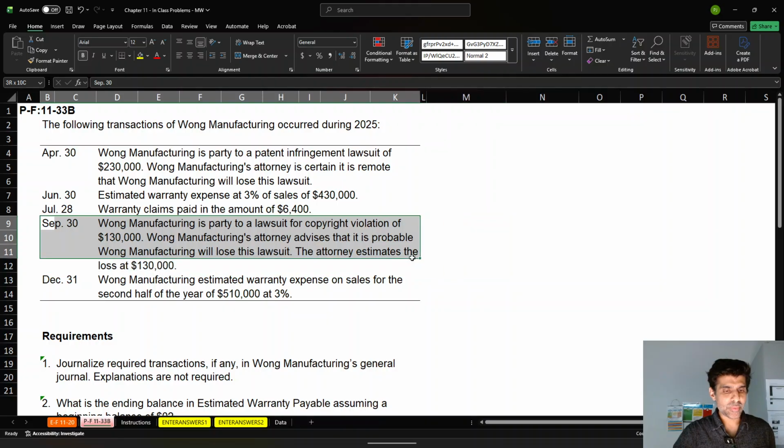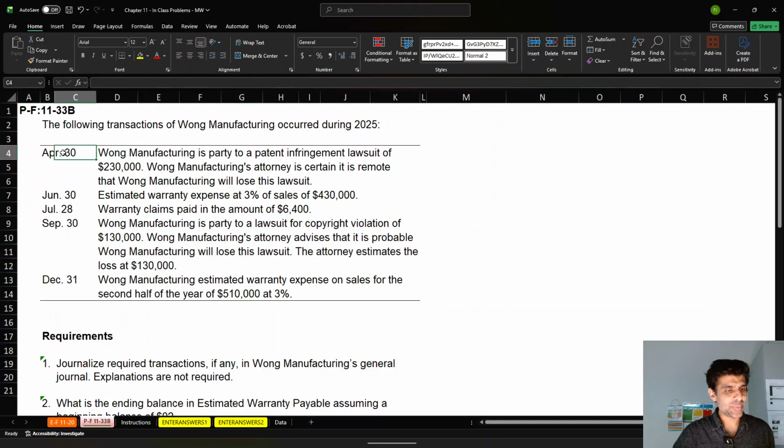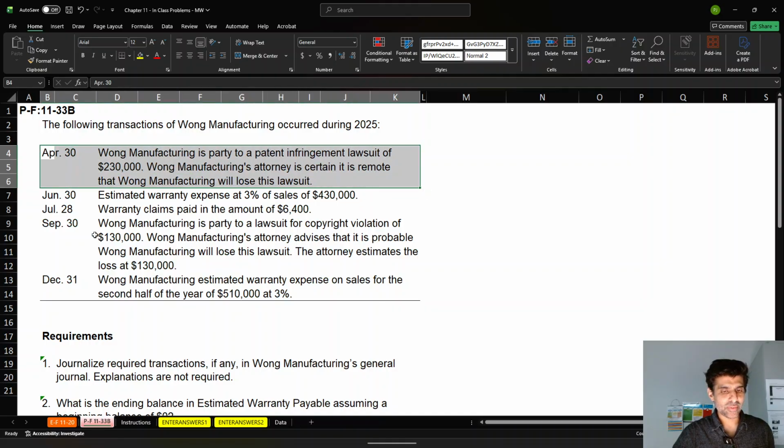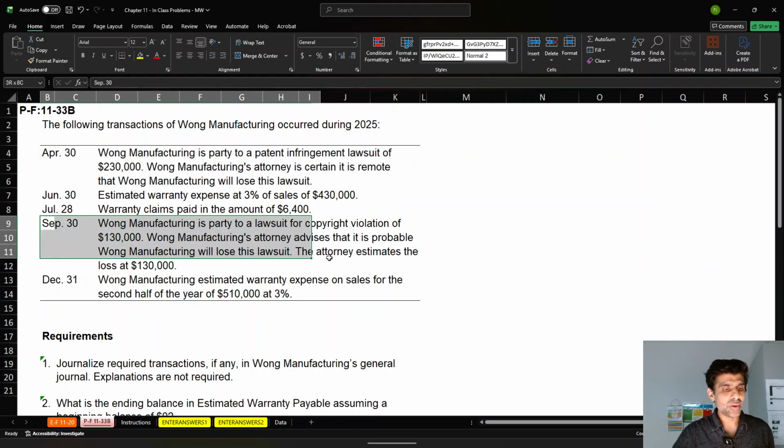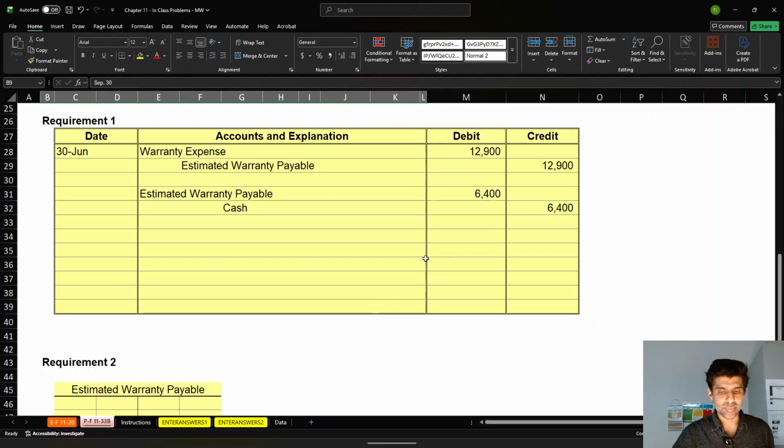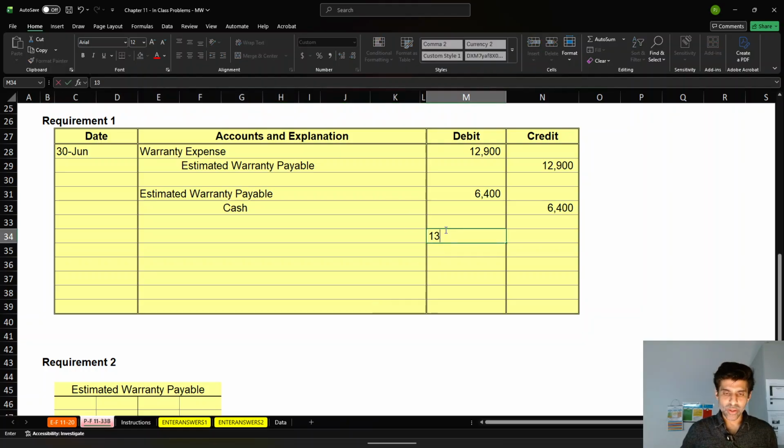Okay, we're now subject to another lawsuit. Gosh, this company is doing some shady stuff maybe. But we're in another lawsuit for a copyright violation, 130,000, and it's probable that we're going to lose. We estimate the loss at 130,000. So we're going to have to do a journal entry for this.